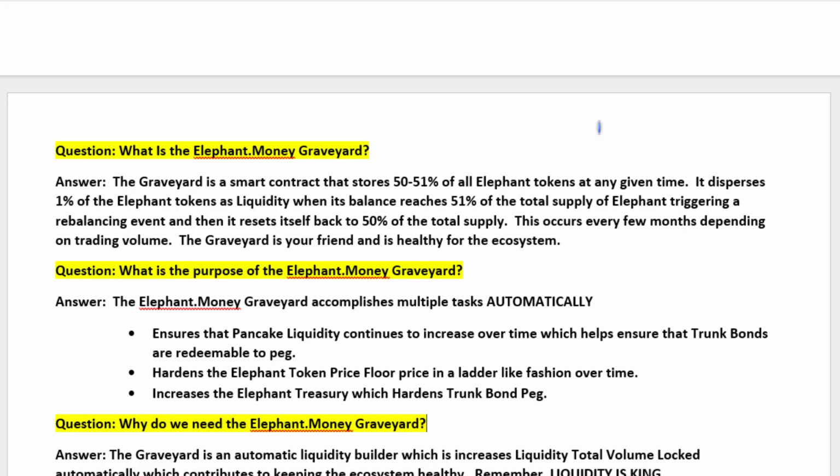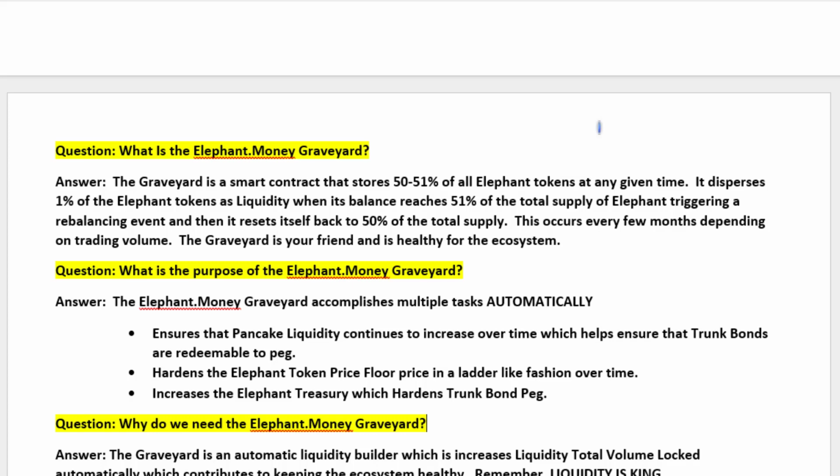When it hits 51% of the total supply of tokens, it redisperses that extra 1% and resets back to 50. Now you're asking, why would I do this? This keeps the burn address, the graveyard, from getting too large, but it also keeps a healthy balance. But I'll talk specifically about the benefits of this redispersement rebalancing mechanism later in this document.